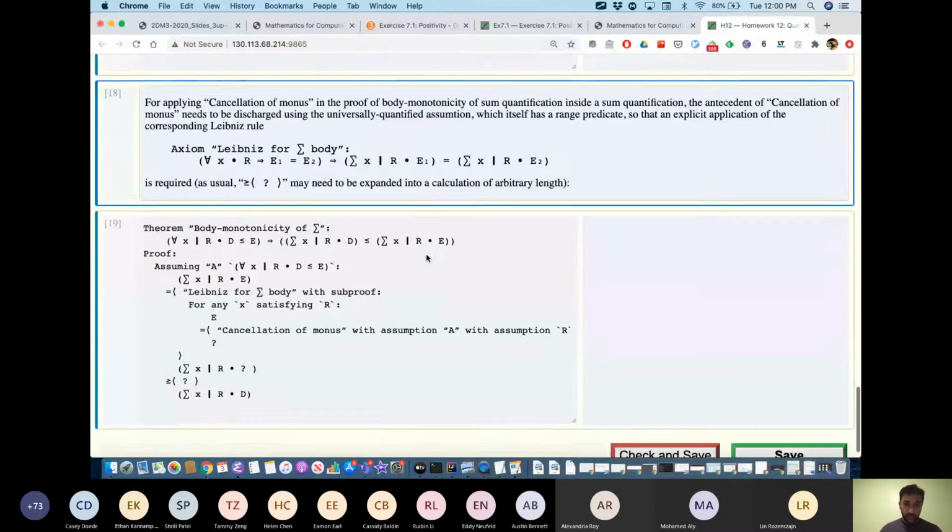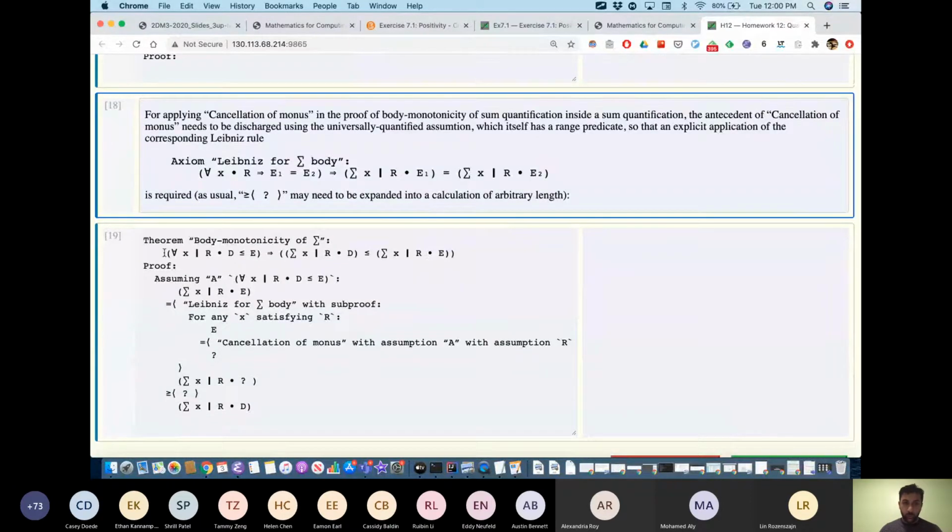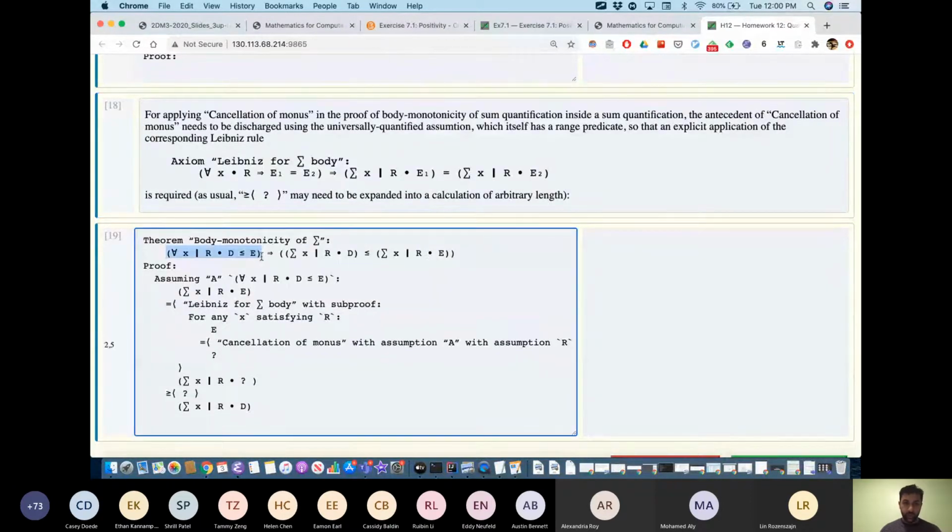So Lynn is asking about this question. Lynn, we only assumed this part, and now we're going to try to show this part. Okay, so we don't have access to anything yet. We start with the left-hand side, and we want to get to the right-hand side. We're starting with the greater side, and we want to go to the smaller side.